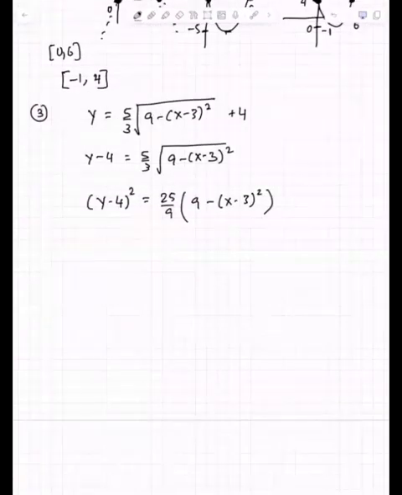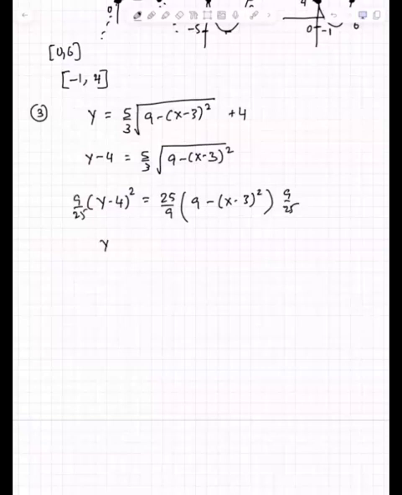Let's multiply both sides by 9 over 25. You'll see. Again, you can do this whichever way you want. So this becomes just 1, and we get this.